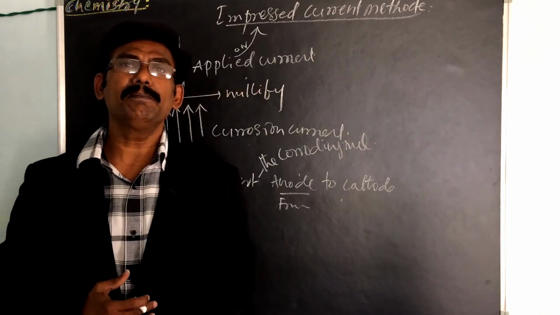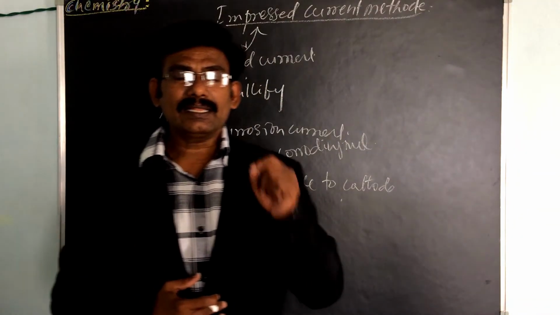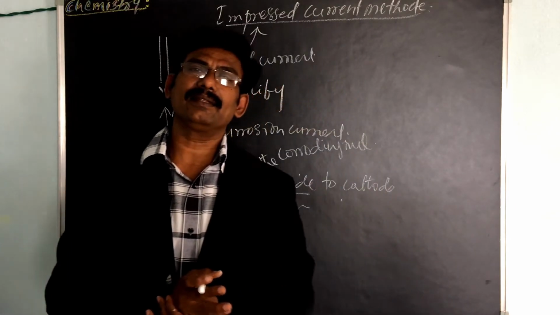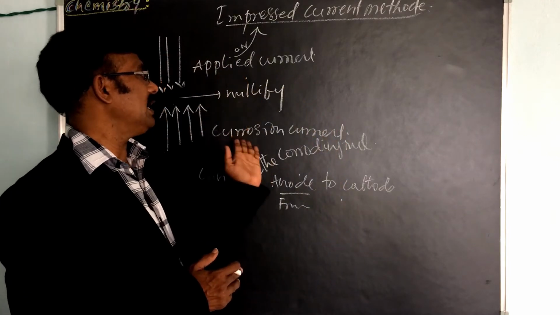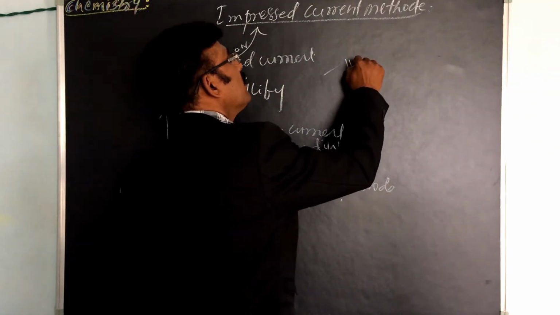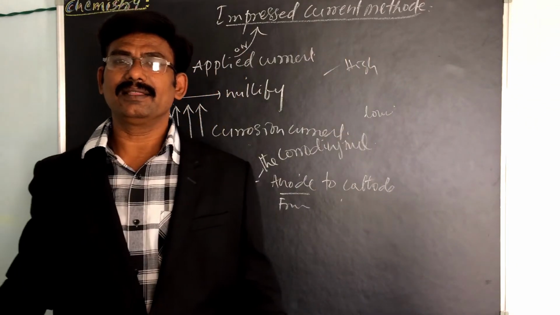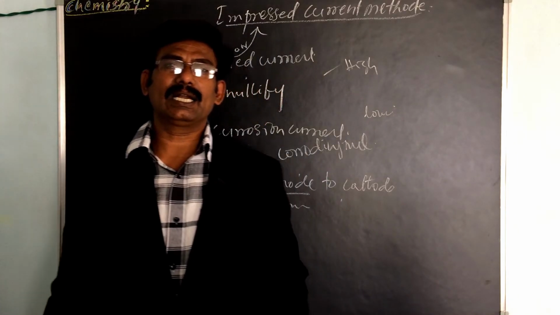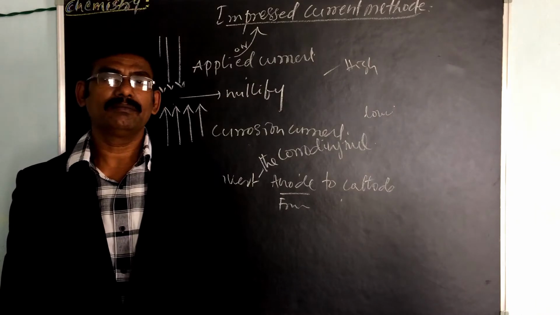This is called the impressed current method. The impressed current is slightly higher than the corrosion current. Thus the anodic corroding metal becomes cathodic and is protected from corrosion.